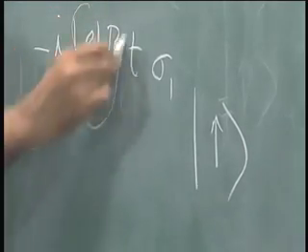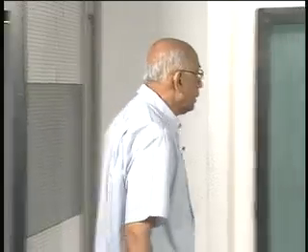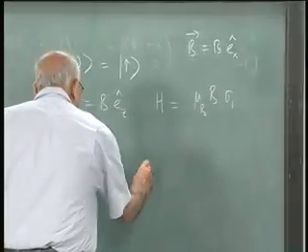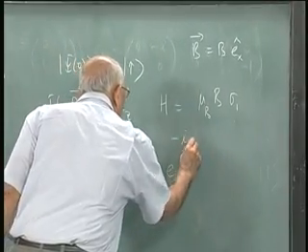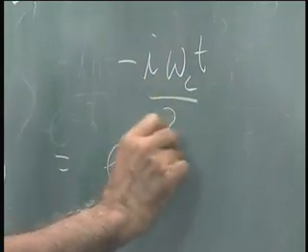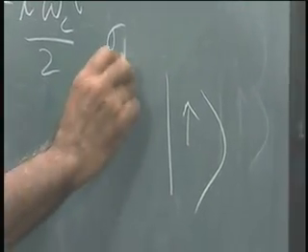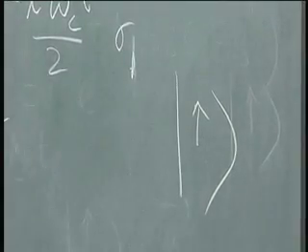What is eB over m? If you have a charge of magnitude e in a magnetic field of magnitude B and the mass of this charge is m, what is this combination eB over m? It is the cyclotron frequency, right. So this is equal to e to the minus i omega cyclotron t over 2, and then there is a sigma 1 acting on this state.